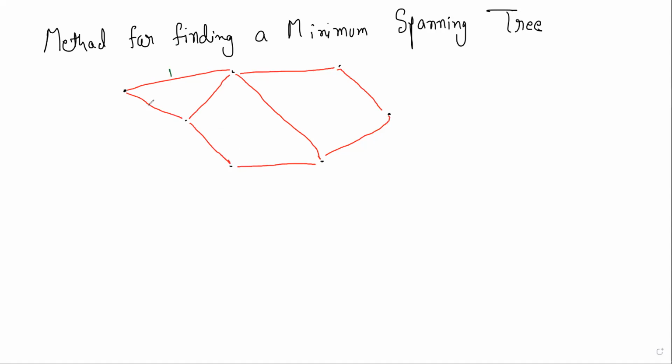I'm just putting some simple weights: 2, 3, 3, 5, 5, 7, 7. Let's also label the vertices V1, V2, V3, V4, V5, V6, and V7.